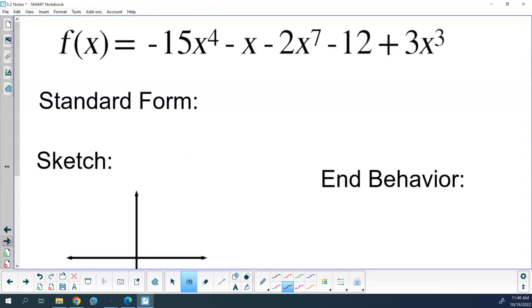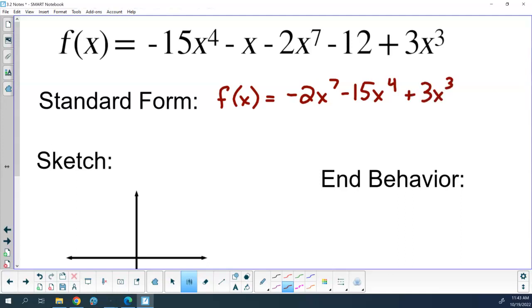So it's a three-part question. The function is negative 2x to the 7th minus 15x to the 4th plus 3x cubed minus x minus 12.